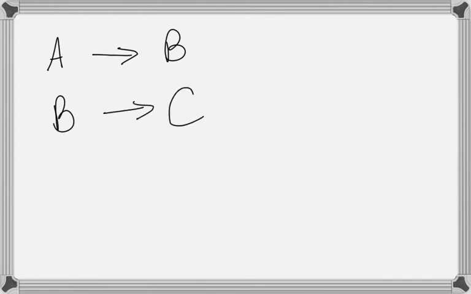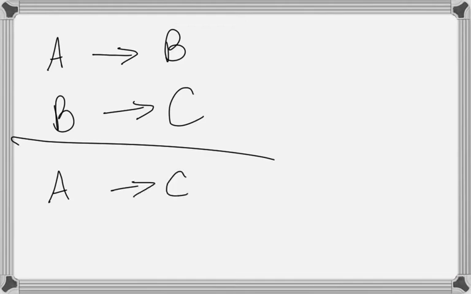For example, if A makes B and B makes C, this might be a mechanism, a step-by-step for an overall process. What would the overall process be here? A to C. Okay? So A to C is your overall process, but these are your steps.